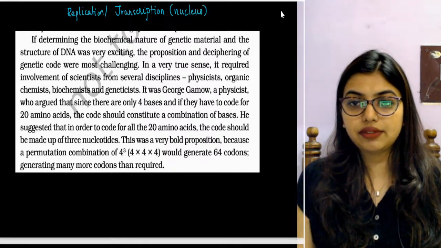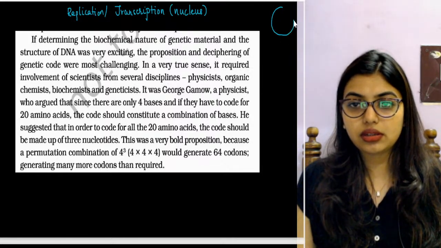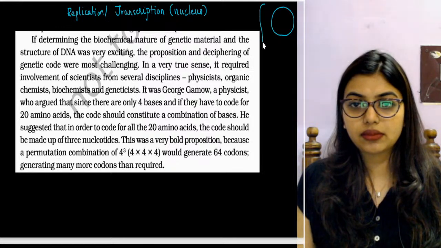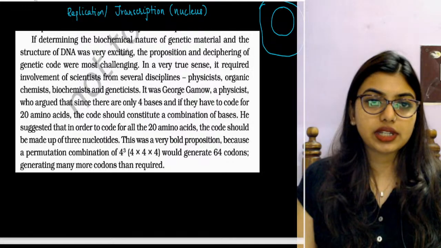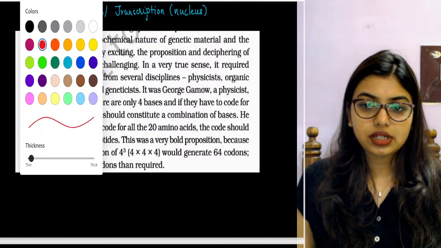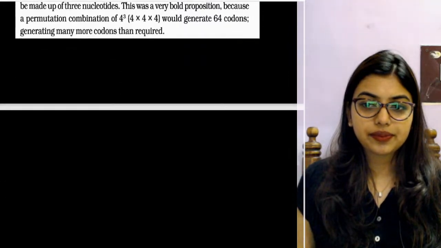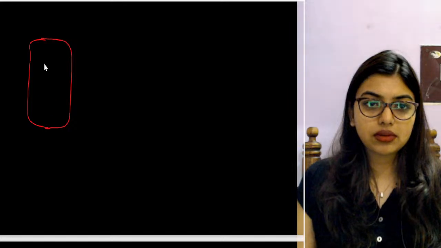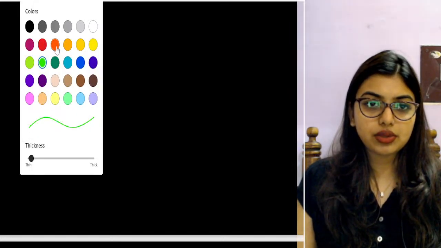Let's say this is the cell, and this is the nucleus.